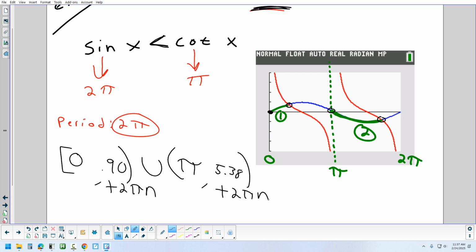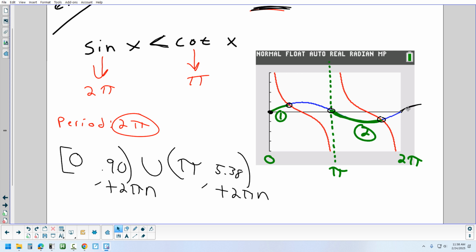That means if you added 2 pi n to that and to that, you could take that whole interval, basically that section in black, and you could shift it down to right there, and you would get the next interval 1 that works. And then if you add 2 pi n to each of those numbers, you'd get the next interval 2 that works.